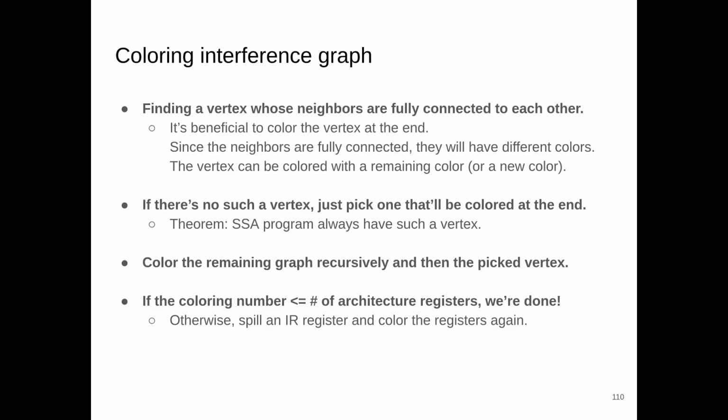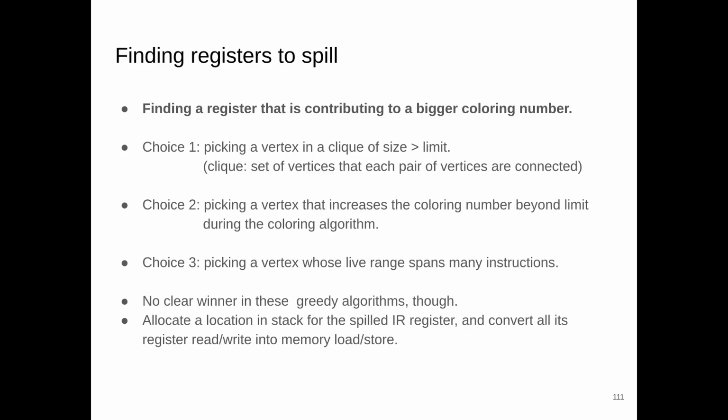Okay, so far so good, and let's move on to the next topic, which is finding a register to spill. Suppose that your coloring does not fit the number of architecture registers. If that is the case, you cannot map all IR registers into architecture registers.